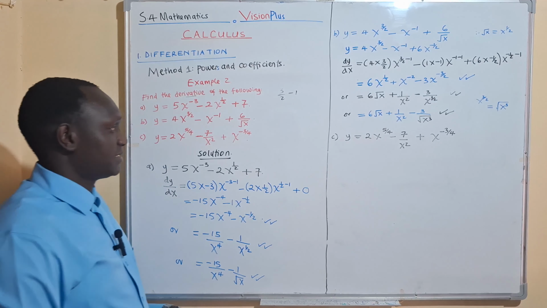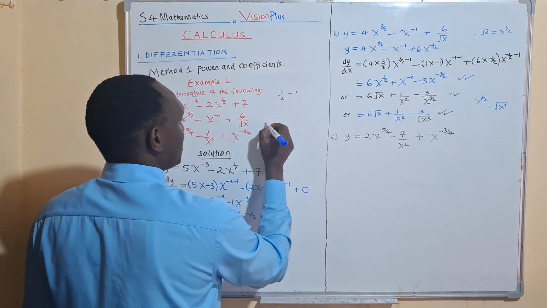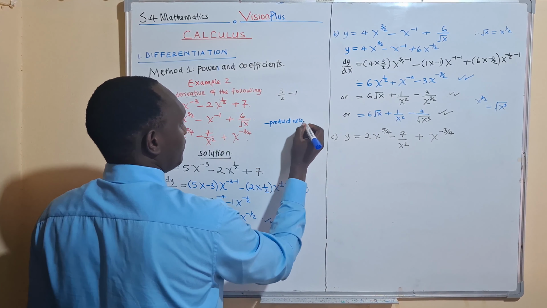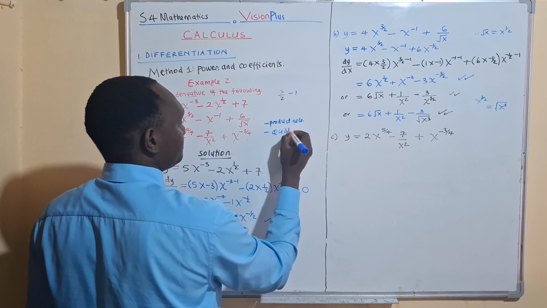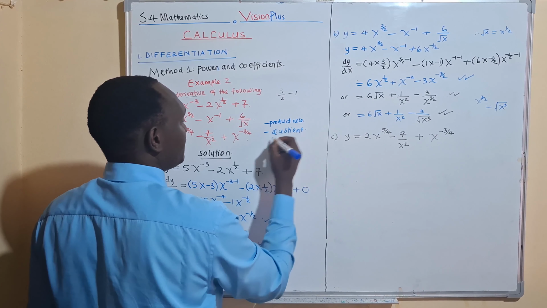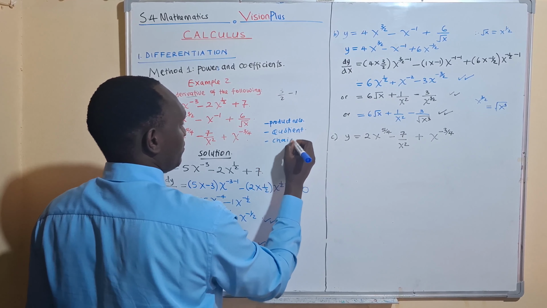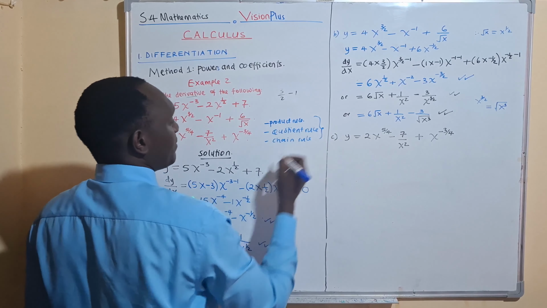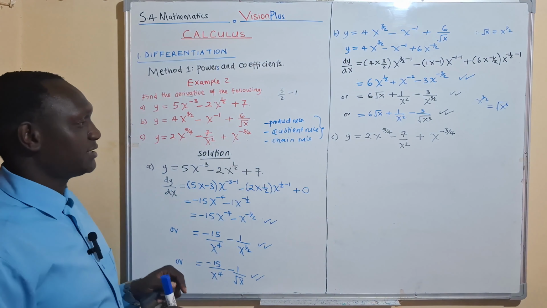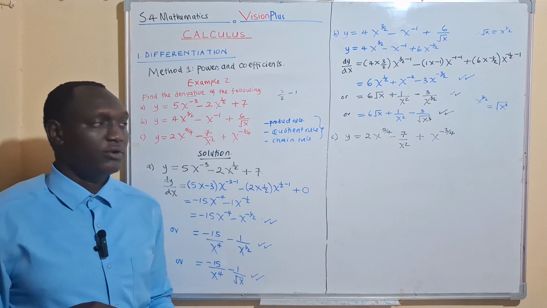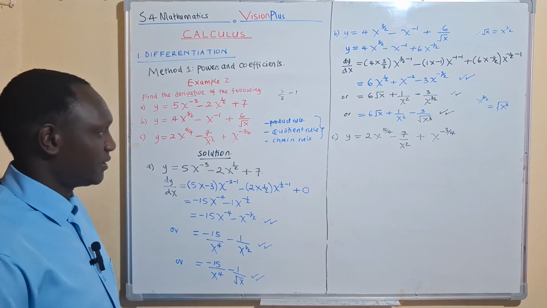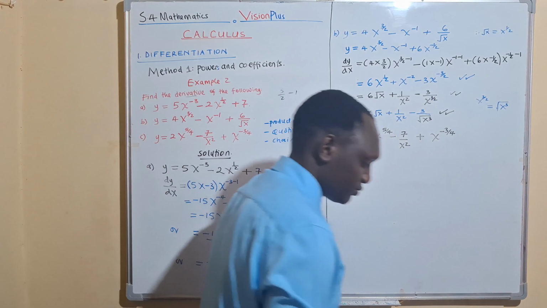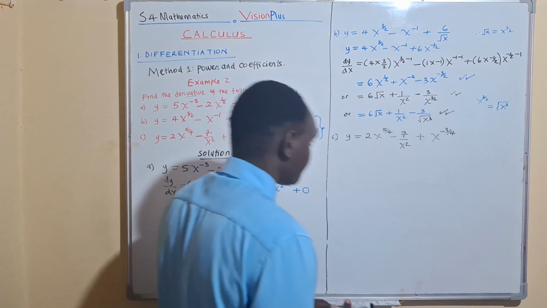But the other methods, like product rule, quotient rule, okay, even chain rule, can permit us to solve that when the variable is on the denominator. But we have not looked at this, so it is meaningless for us to employ it here again.